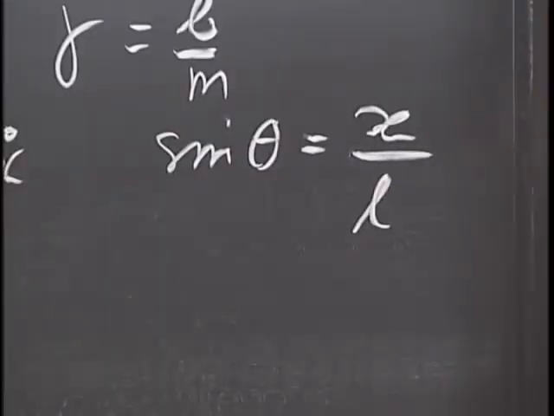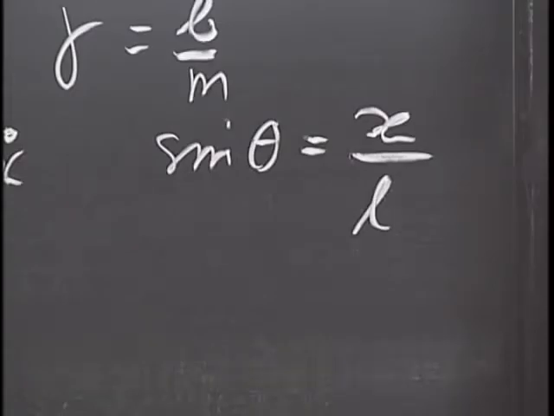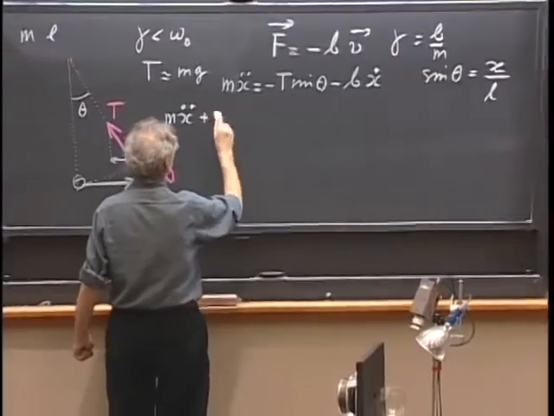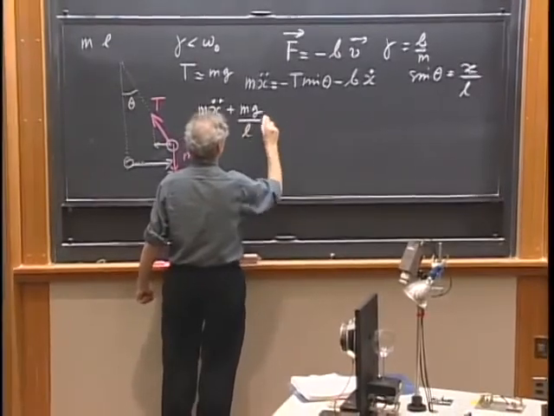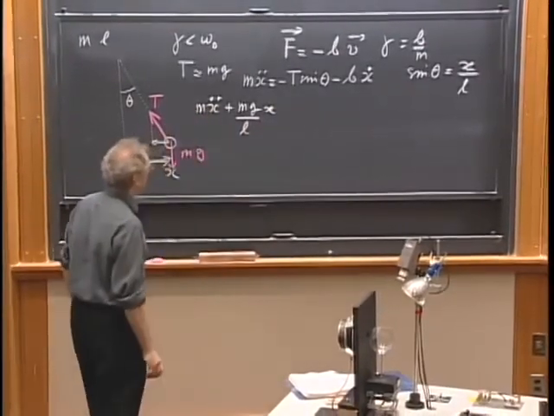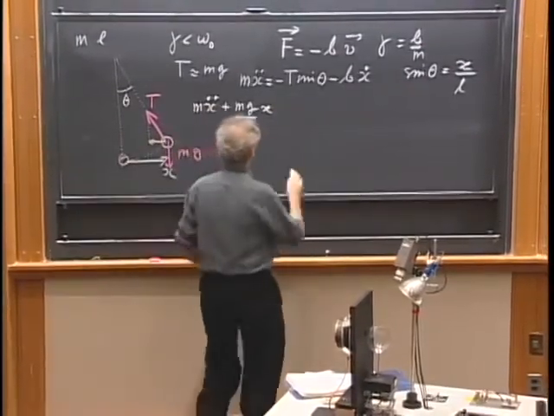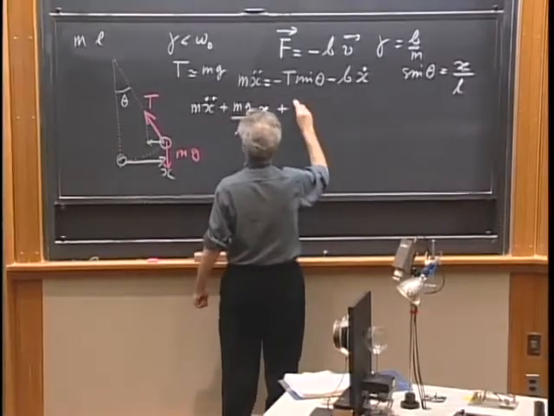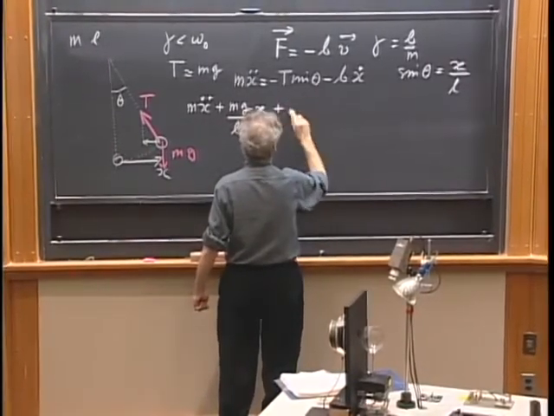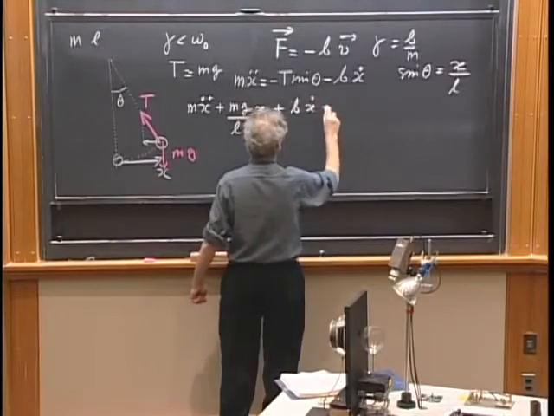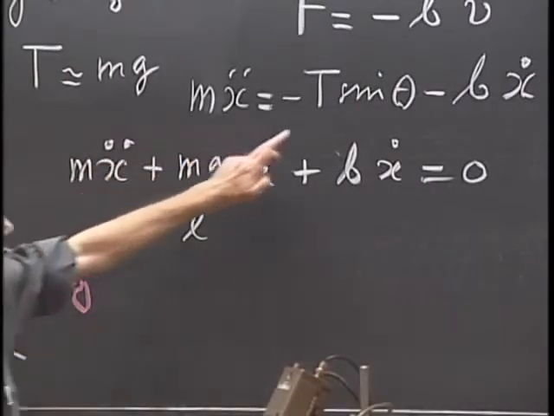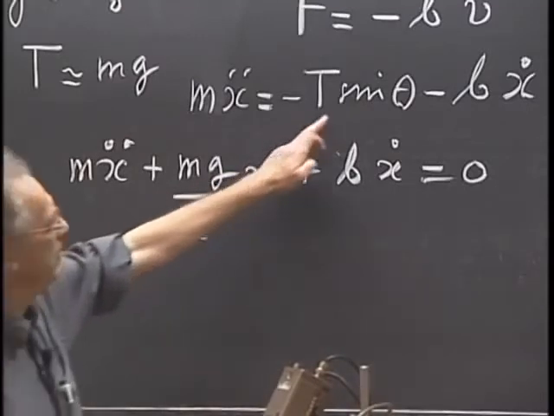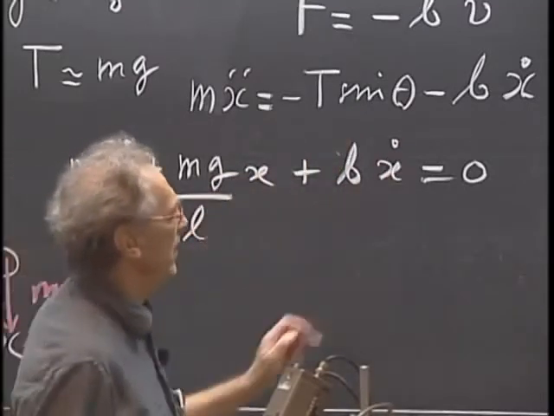So I get m x double dot plus mg divided by L times x, that is the sine of theta, plus b times x dot equals 0. Make sure I have this, m x double dot, I have the plus sign here, I have mg, x over L, that's fine.